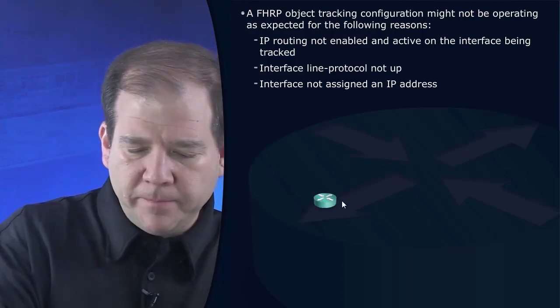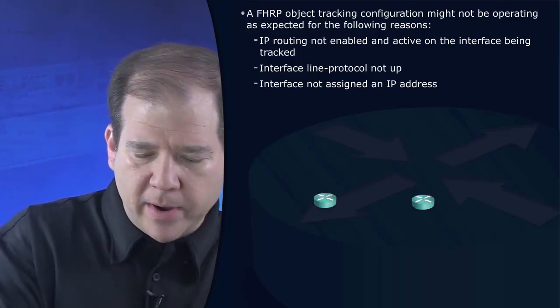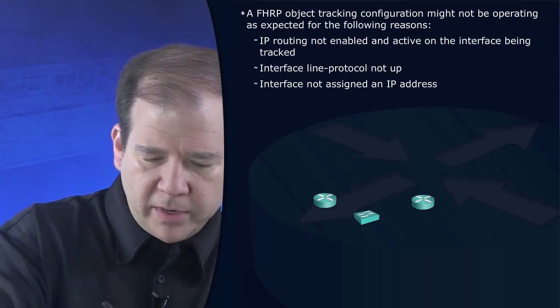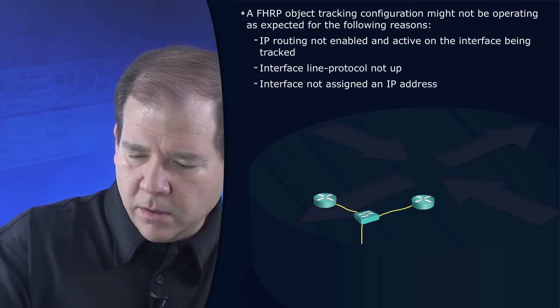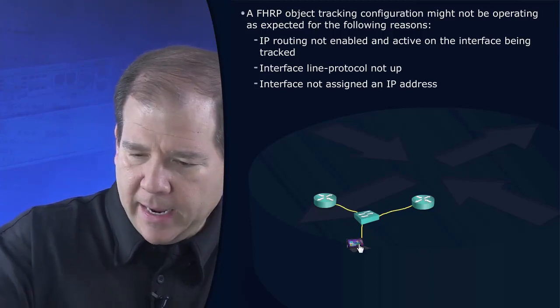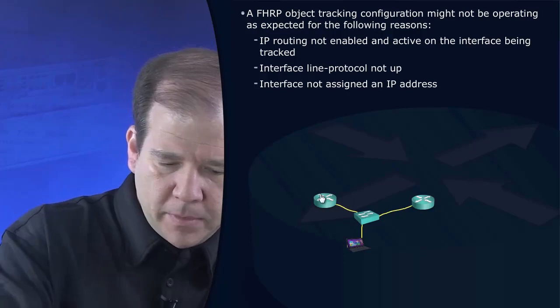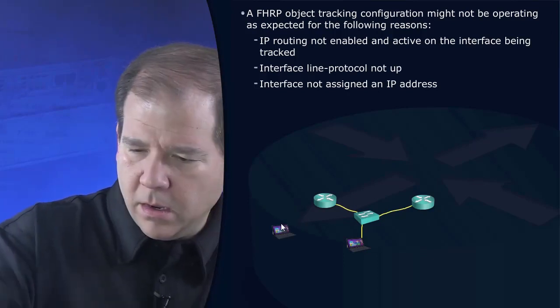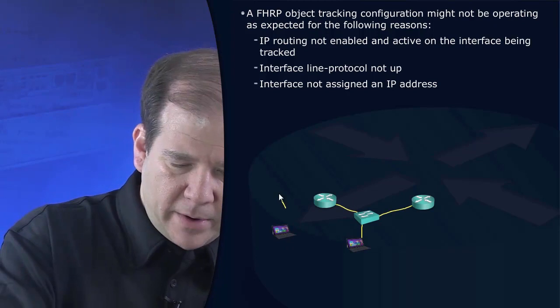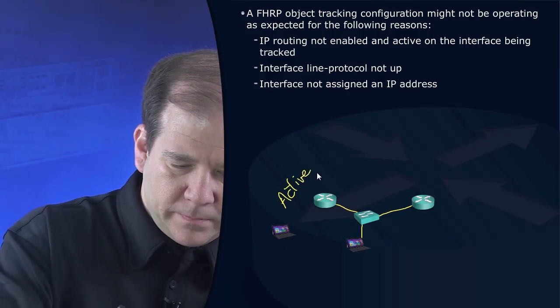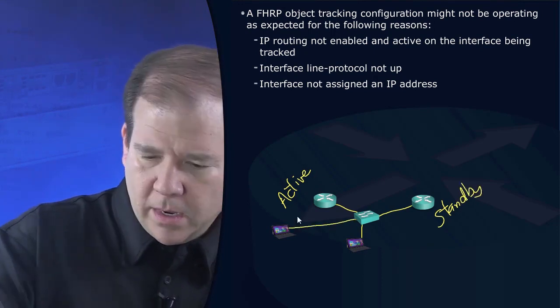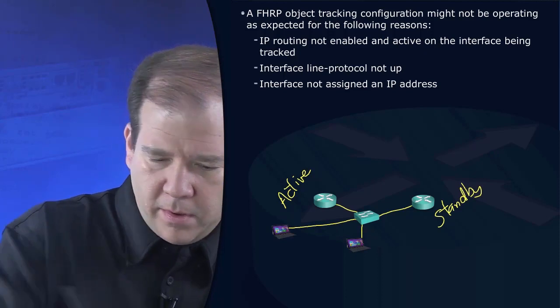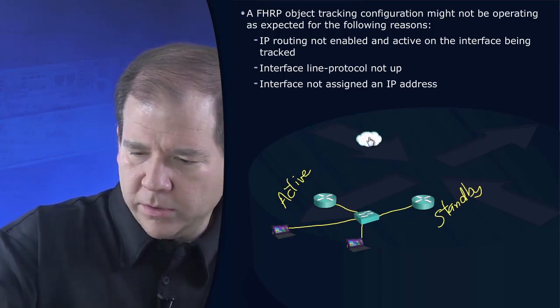Let's say that I've got my active router, I've got a standby router, I've got a switch in the middle, connected to an end station, and let's say that this is the active router, and this is the standby. And maybe we have the internet or some other WAN connection.